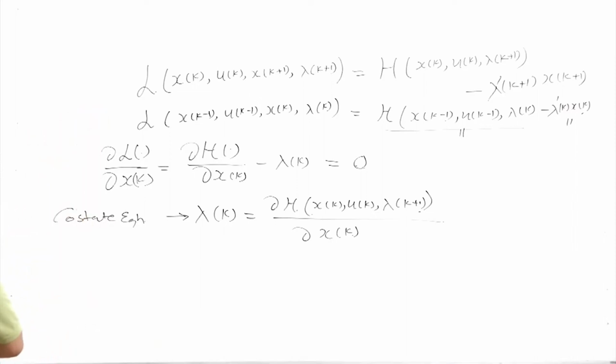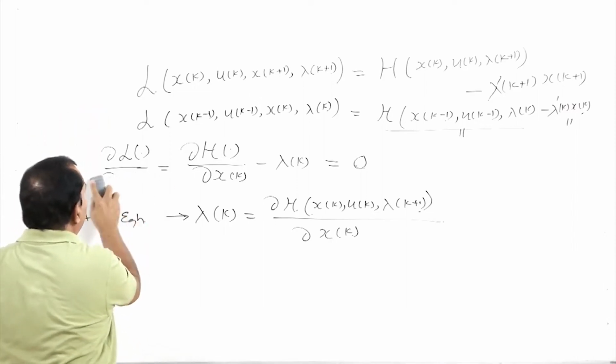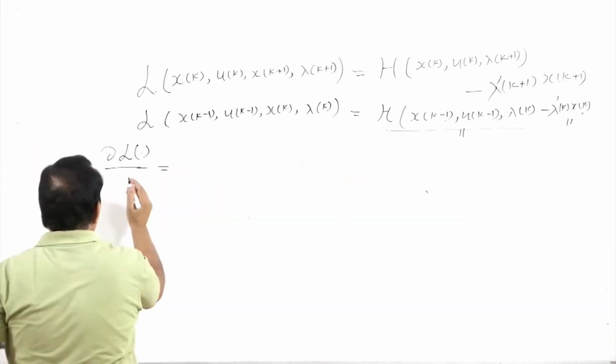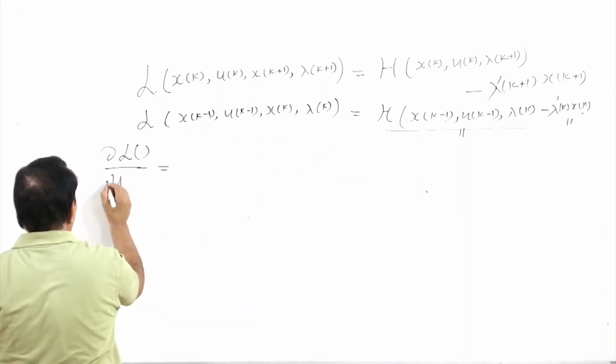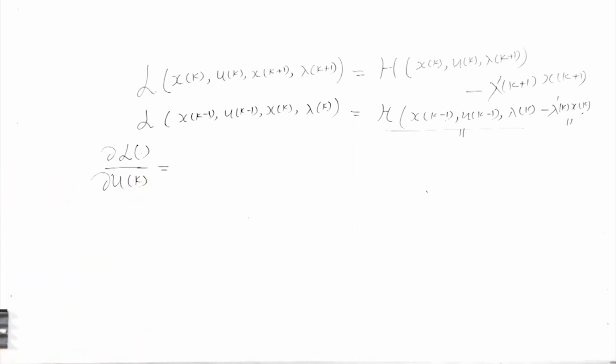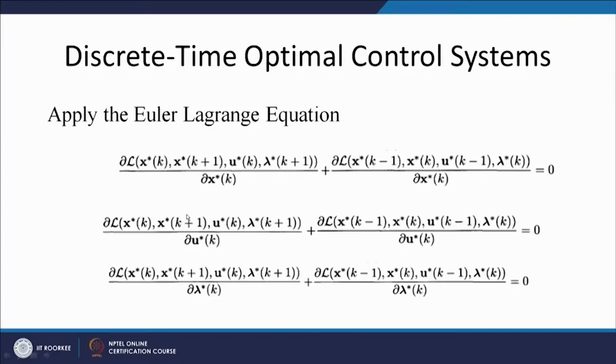Next we have to take del L by del u k. This means the second equation we are taking, del L by del u k, second EL equation. I am placing this Lagrangian in terms of the Hamiltonian. So, with respect to u k, I have to differentiate this.